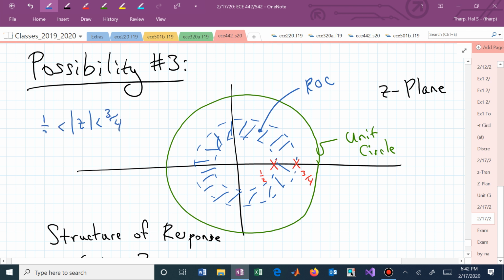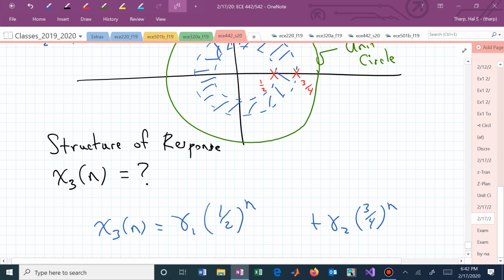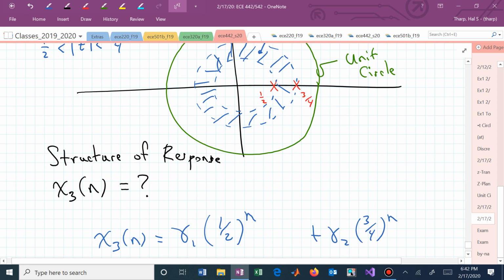Is that region of convergence bounded? What can you tell me about the structure? Isn't it exactly the same, but now are these both true for the same index ranges? Is 1/2 raised to the same n's as 3/4?